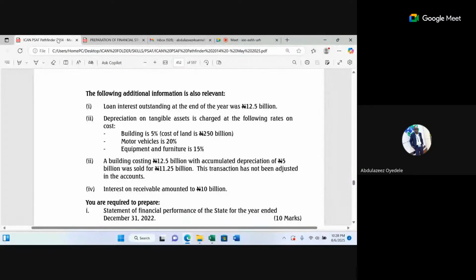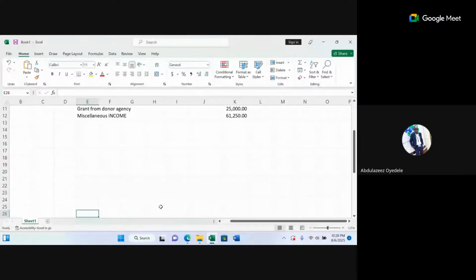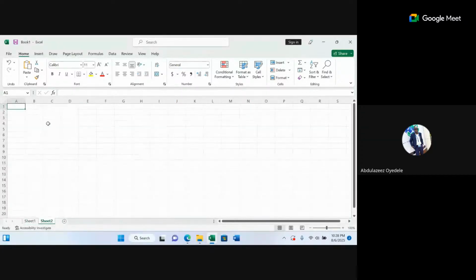Okay, so let's go back to our solution page. Get our workings. Maybe I should do the workings on a separate page.